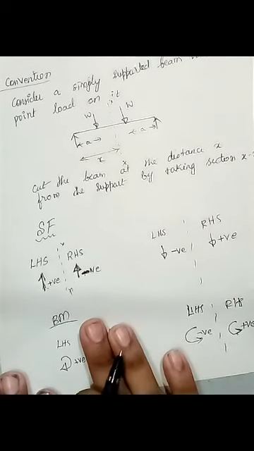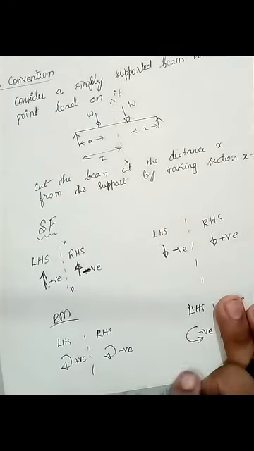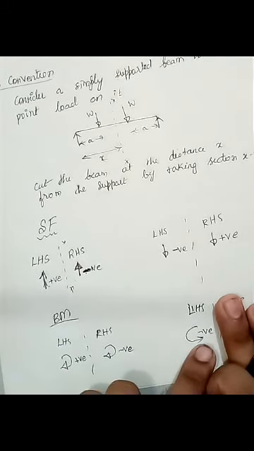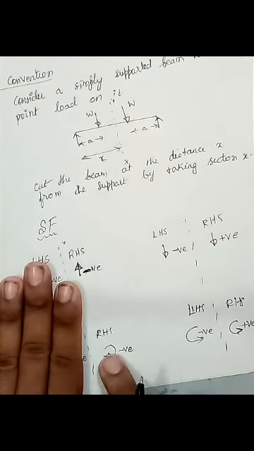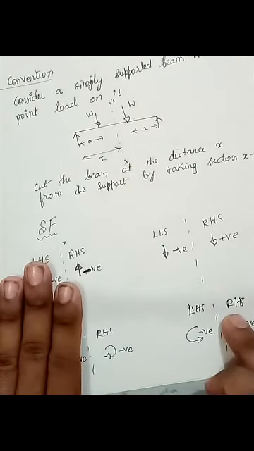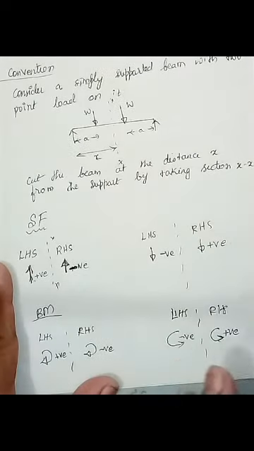When I consider the left hand side of the beam, clockwise is positive, and anti-clockwise is negative. When I consider the right hand side, clockwise is negative, and anti-clockwise is positive. So these are the things you should know clearly.